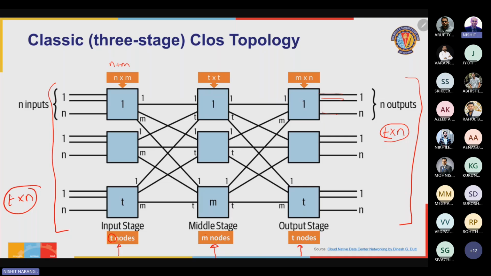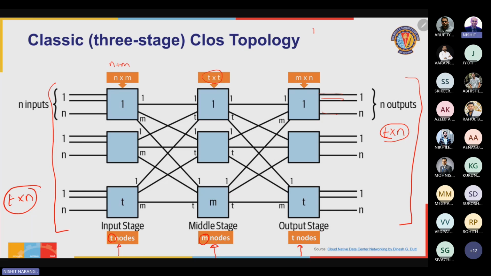Of course, depending upon how many parallel calls, see, not always T cross N parallel calls will be ongoing. The network is never fully utilized. So that is why the numbers M, T, T cross T, M cross N have been kept as configurable variables. What I can always do is something like this.